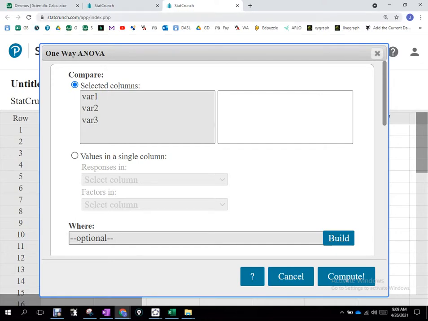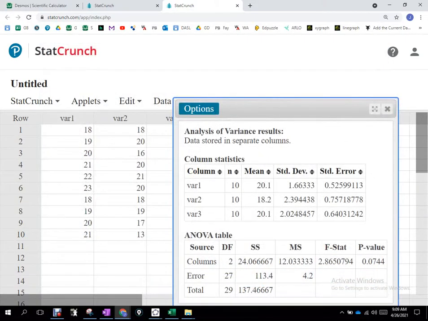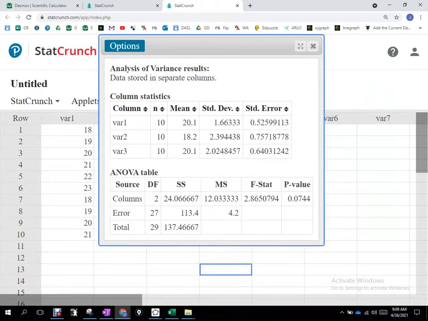So if you had all 30 in the first column, I think this would allow you to find breaking points for those. What you have to do here, if you click on this, is select more than one with Shift plus click. So I did that. Now I'm going to hit compute, and it gives you all that information.